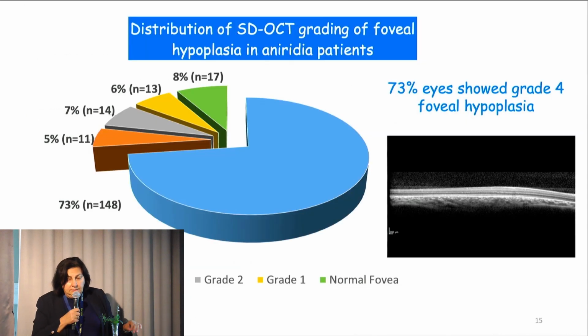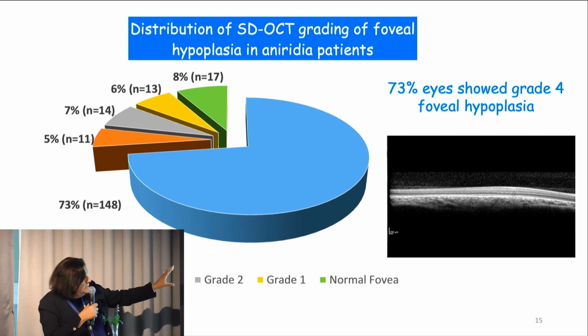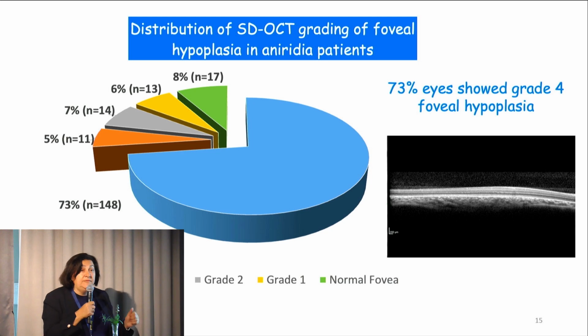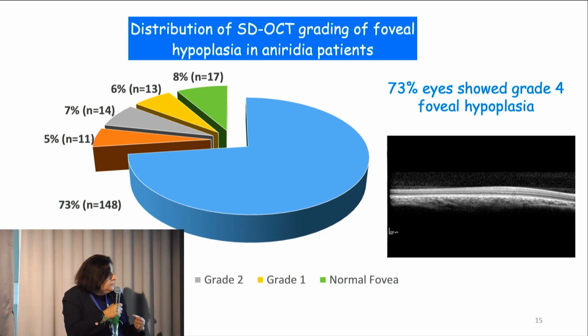You can see here the distribution of the grading of the foveal hypoplasia, and you can see that 73% have grade 4, the highest grading.